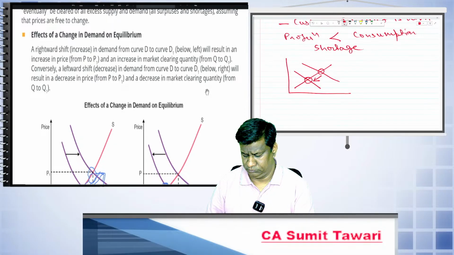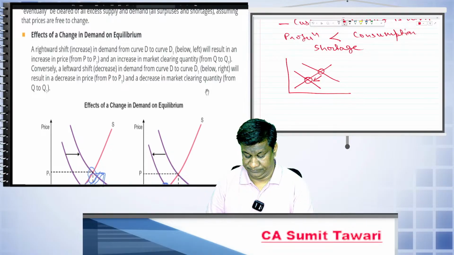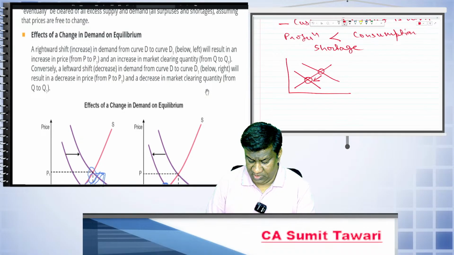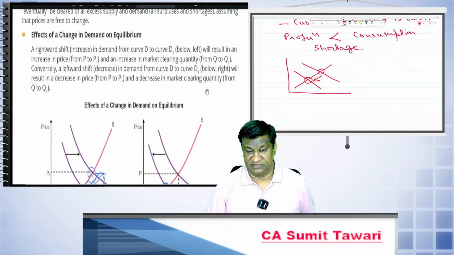Decrease in demand. Yes. Can you repeat? Decrease in demand. Yeah, but what is basically the impact if there is a change in equilibrium price? What are the reasons for a change in equilibrium price? Any guess?